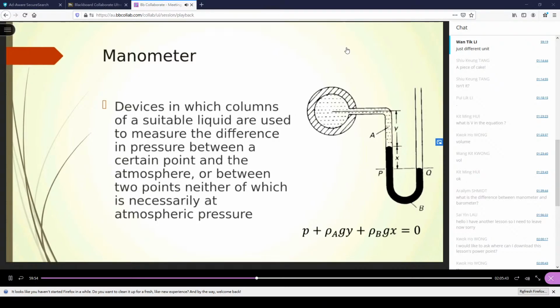The next thing is to find out the pressure of a fluid. Here is an example. Suppose I have a pipe, and inside the pipe we have fluids, and we would like to understand the pressure of the fluid inside the pipe. This is our target here. A device called manometer is designed to do that.